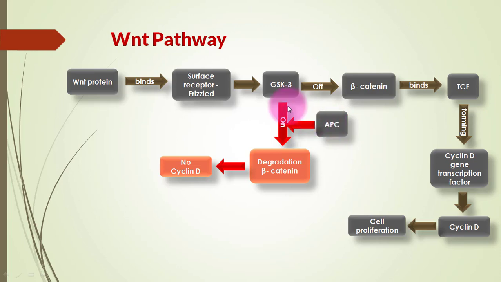The receptor is not activated, so GSK3 is not inactivated by the receptor, it will be on, and with the help of APC, both proteins will phosphorylate beta-catenin. Phosphorylation of beta-catenin means a later degradation of beta-catenin, and degradation of beta-catenin means there will be no transcription factor for cyclin D, so cyclin D will not be produced. So this is another pathway through which the cell cycle can be controlled.